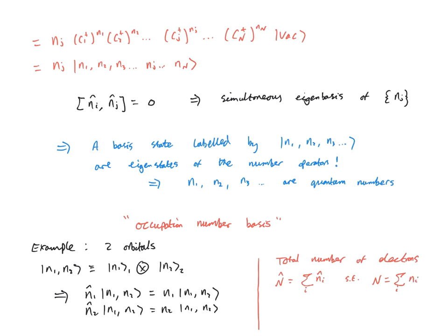And obviously, therefore, because of the linearity, if I act with capital N hat on a given state, I just get N times the state back again. It is indeed an eigenstate of the total number of electrons as well as the individual occupation numbers.